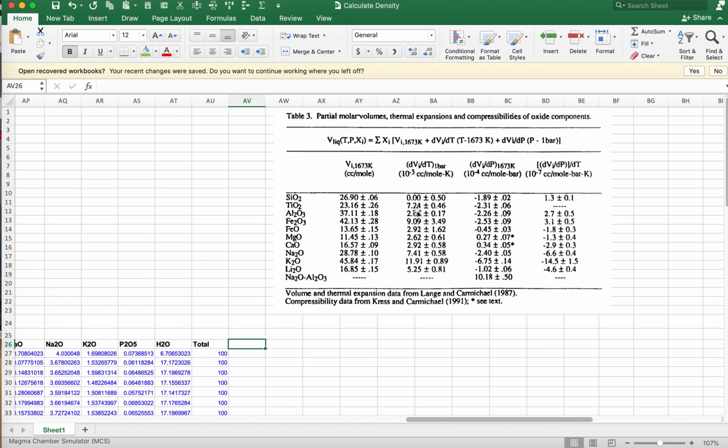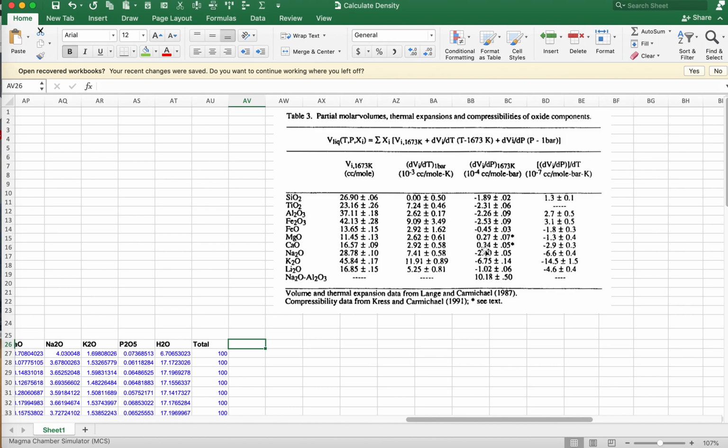Then it would expand if we increase the temperature by 1 Kelvin by 7.24 times 10 to the minus 3. So don't forget to add that factor here. That means if we increase the temperature by 1 Kelvin, then the volume will increase by 0.00724 cubic centimeters.